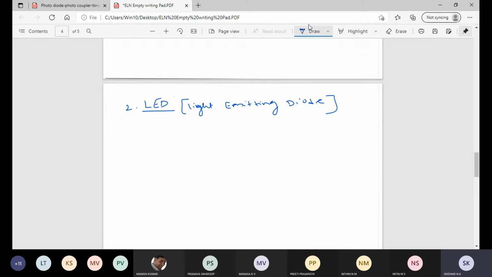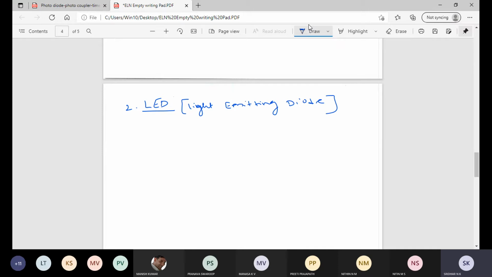You would have touched it or felt it. The main difference between LED and photodiode is that a photodiode absorbs light and produces current, whereas an LED emits light. Just the opposite of that.